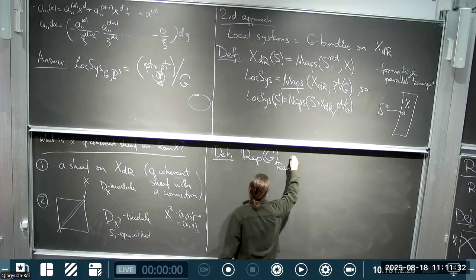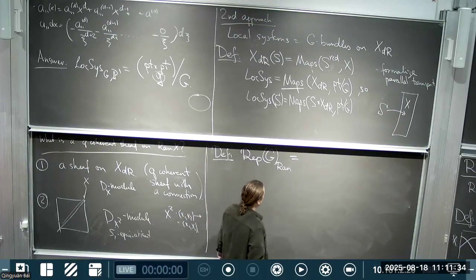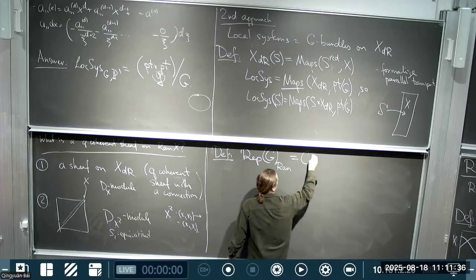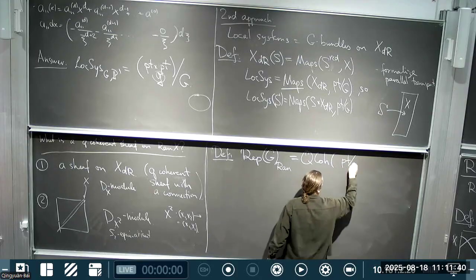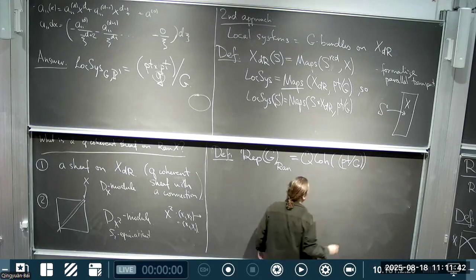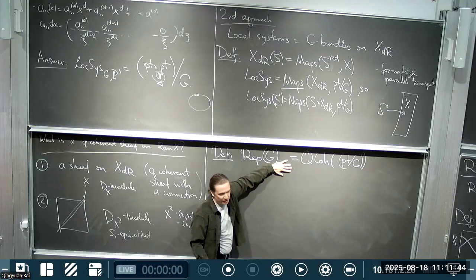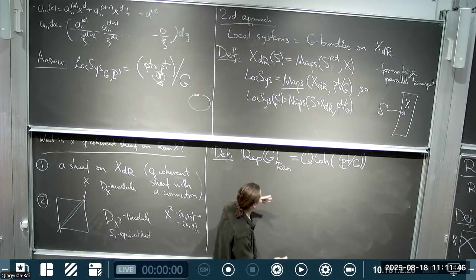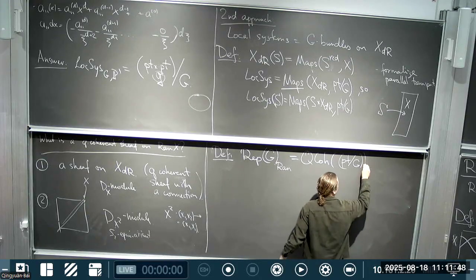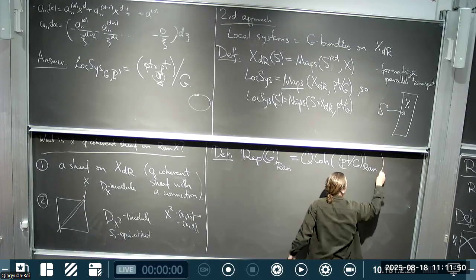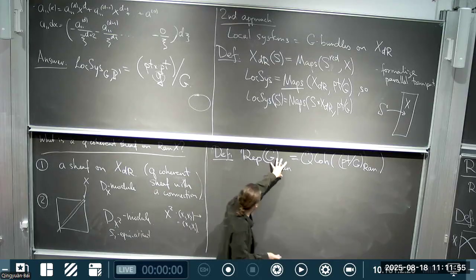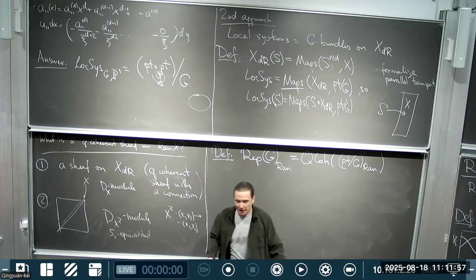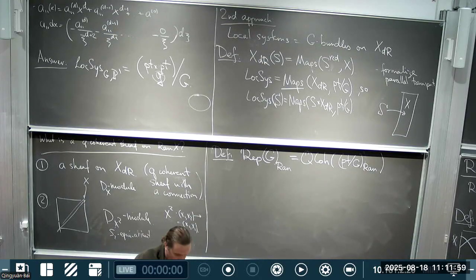So representations of G, Ran. I mean it can be defined as quasi-coherent sheaf on. I mean, if I just do this, I would just get representations of G, and so it's not very surprising that if I want to define a version of this, I use a version of that. But what is that version?